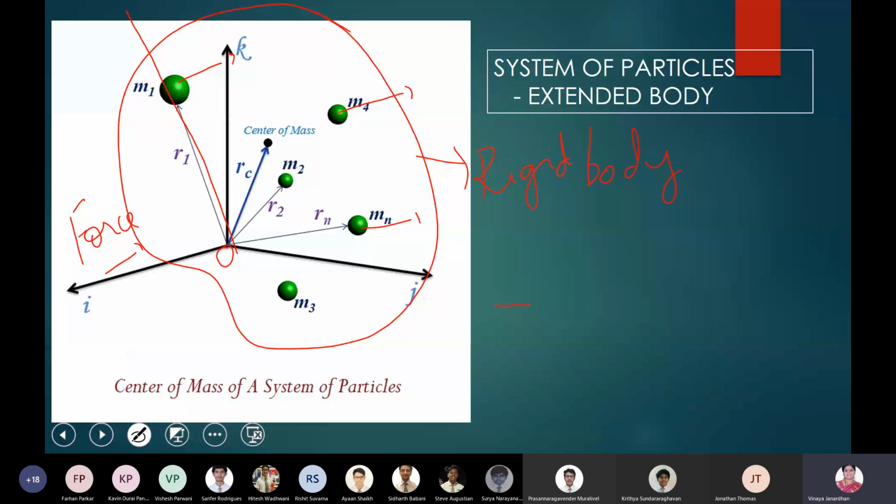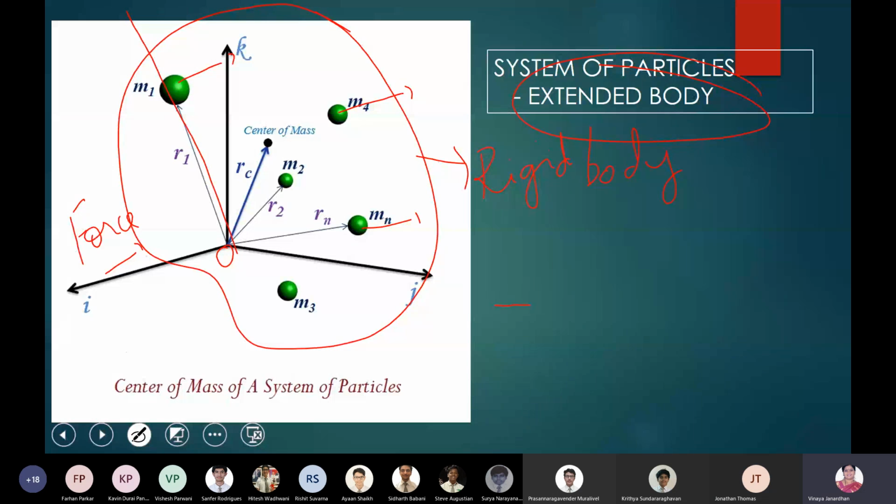The position of the particle is not going to change. If that is the case, then such an extended body we call a rigid body. So when a rigid body is subjected to a force, each and every particle will be in rectilinear motion, but their position with respect to the origin will always remain the same.